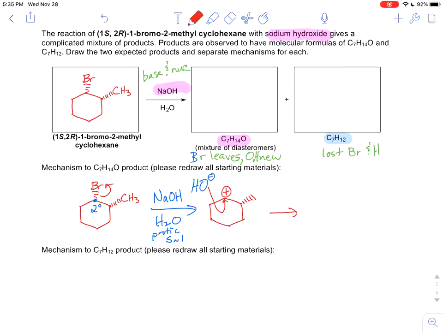The product is then cyclohexane. We have this carbon here, and this is a newly formed chiral center, but it's a mixture of R and S, which works out really well for us because we were given this other hint that our product should be a mixture of diastereomers. So this right here is a mixture of the R and the S compound. So that's our first part.